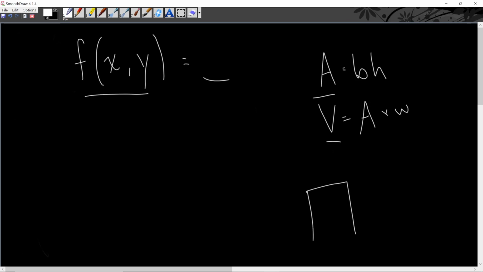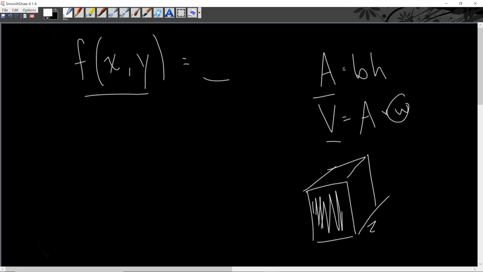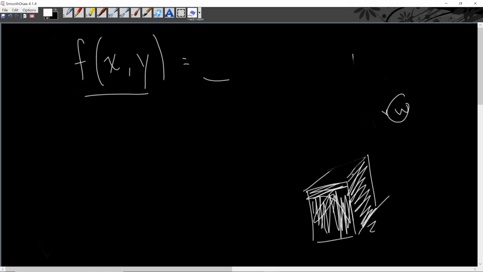So if this is the area of a rectangle, you give another dimension z, or like width, you give more dimension, and instead of just finding the area of the base, you're finding the volume of the entire region, which is very interesting.